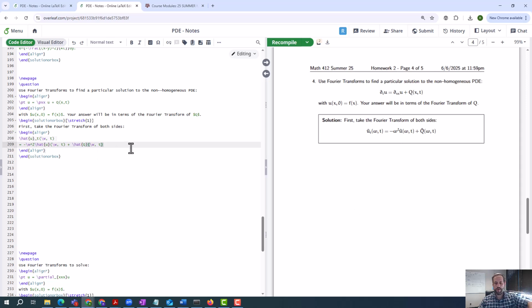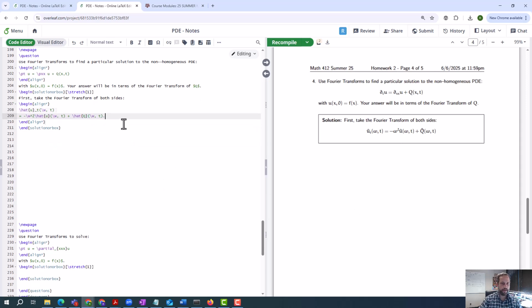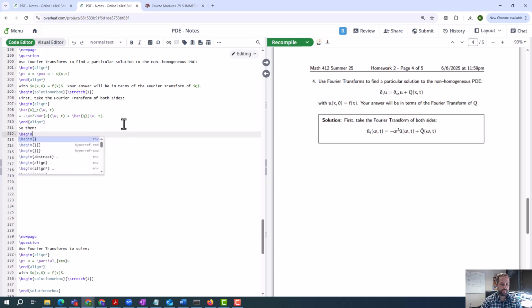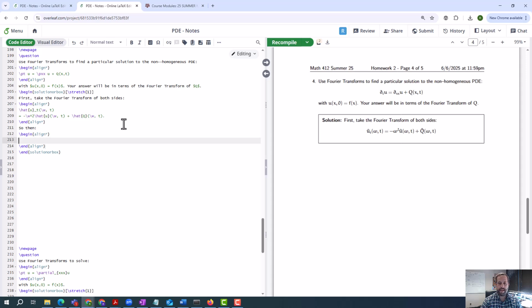Okay, so now what we're going to get then is, let's rewrite this equation like this.